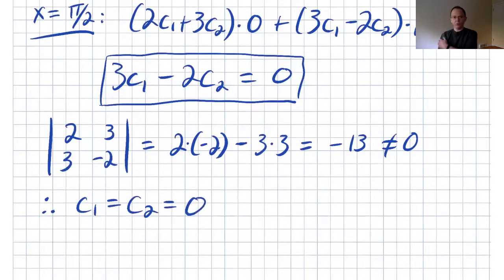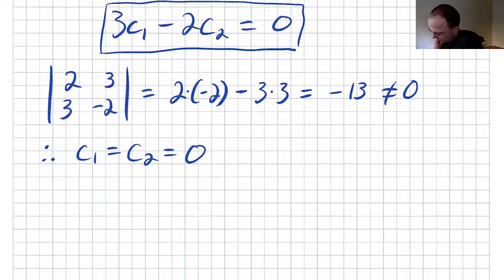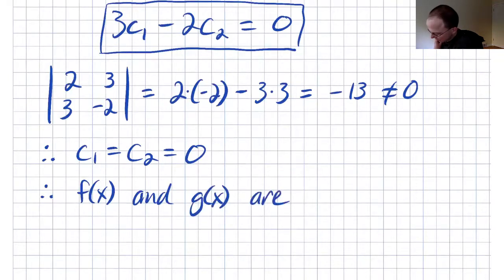That's the only solution to that linear system. You see how easy that is? I really love using determinants for this type of calculation. So they have to be 0, and therefore f of x and g of x are linearly independent.